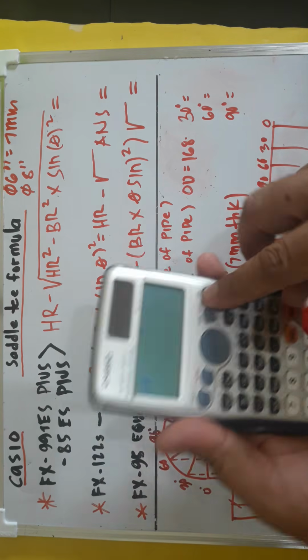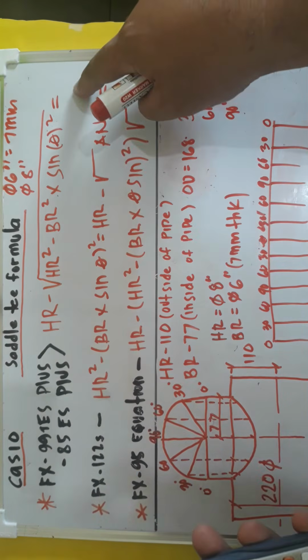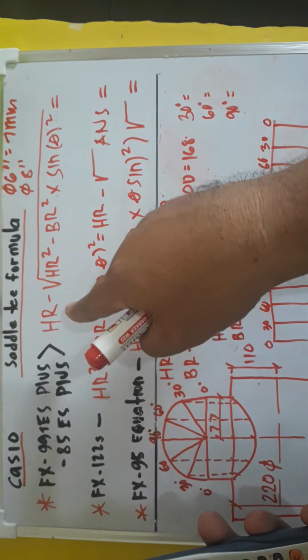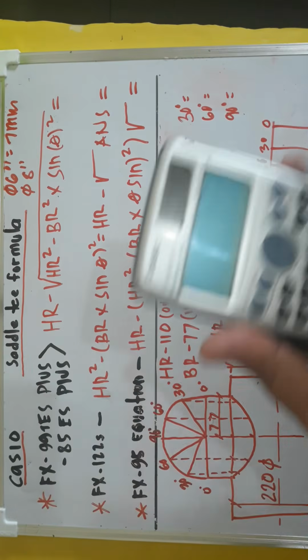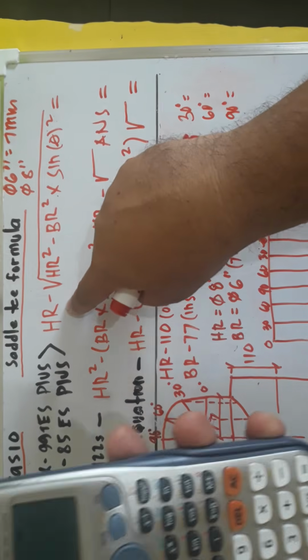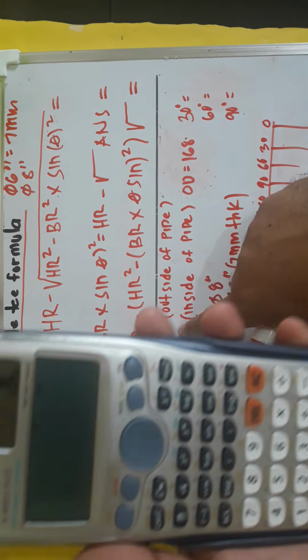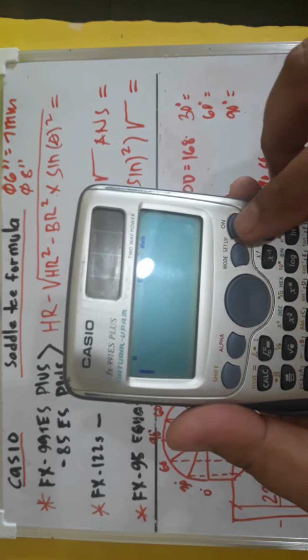So let us try using this derived formula. Our header radius is 110, the outside.